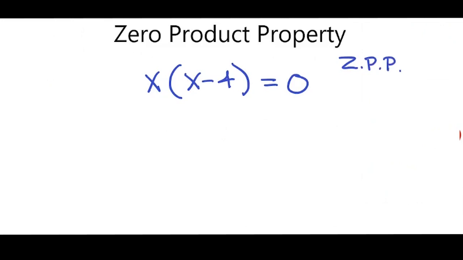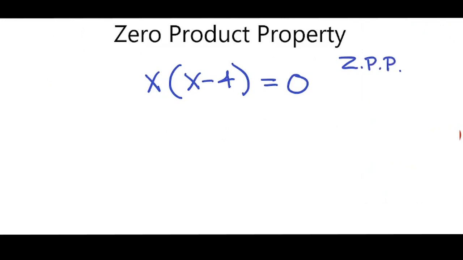Sometimes you'll get an equation that looks like this: x times (x minus 4) equals 0. In this case, no factoring needs to be done. But instead, we're going to use what's called the zero product property. Okay? The ZPP, the zero product property.